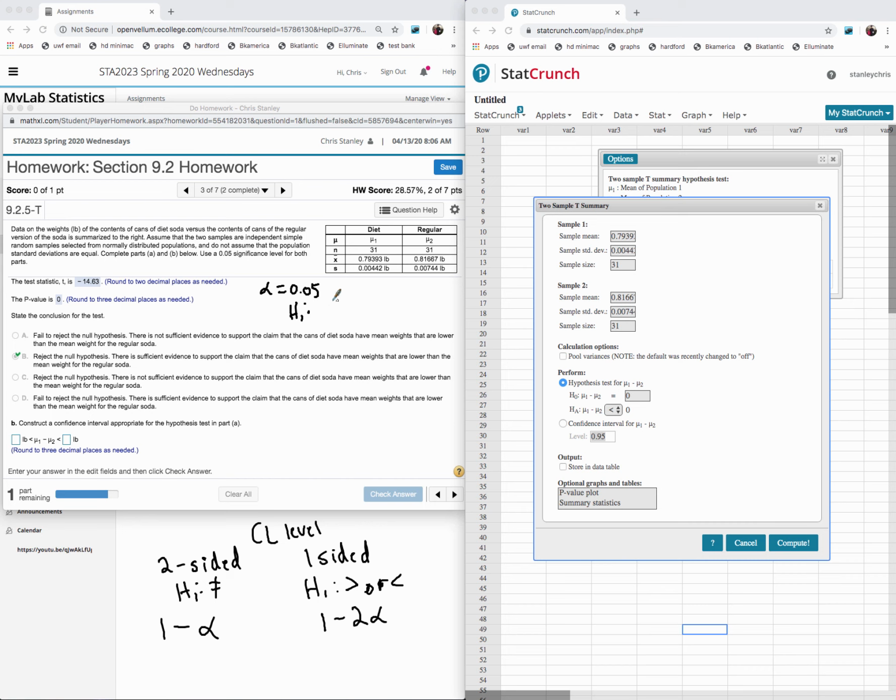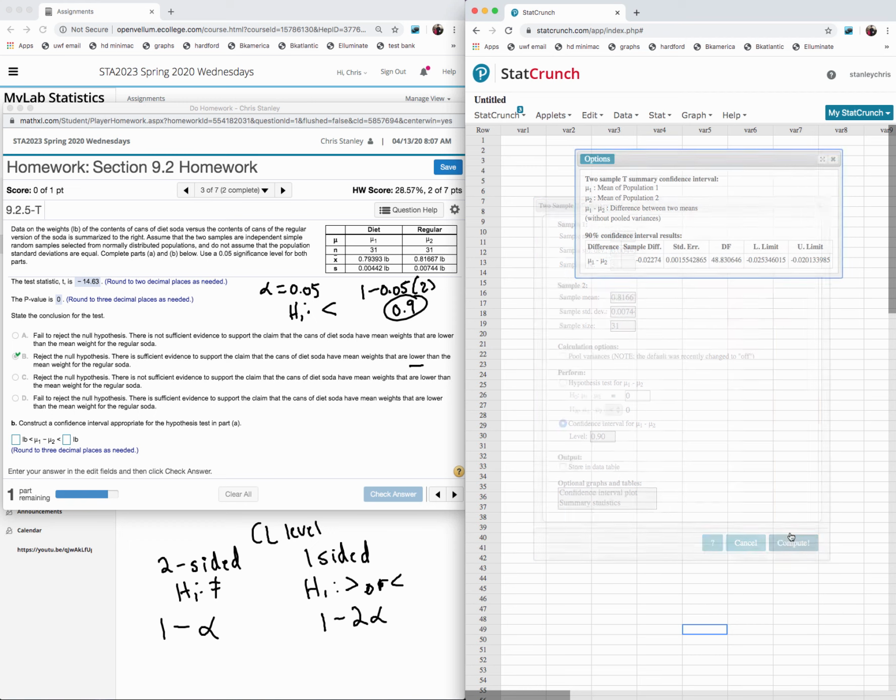Claim that it's a less than. It's right here, lower. Okay, so it's 1 minus 0.05 times 2. That's 10%, so 1 minus that is 90%. So I need to change this guy right here to a 90. And that part is a little tricky. It's going to take you a little bit to get.